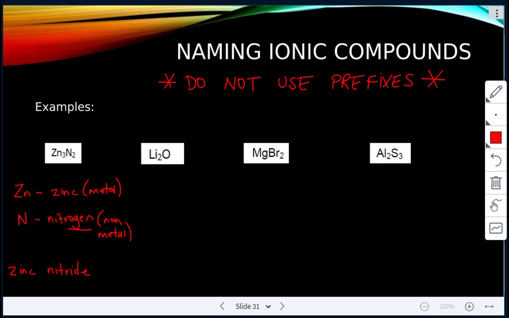All right, so naming our next one here, Li, we're going to find that on our periodic table. So Li on our periodic table is lithium, and it is the metal. O is oxygen, and it is the non-metal.